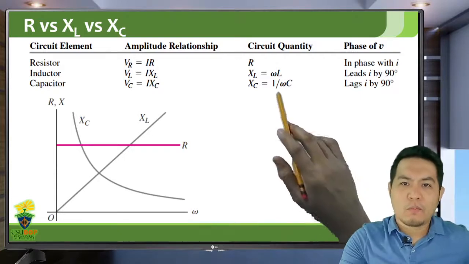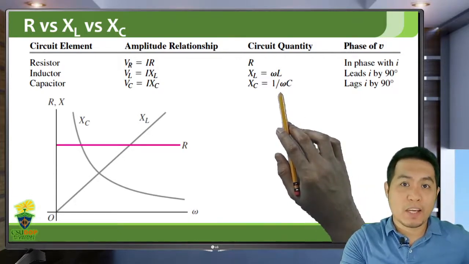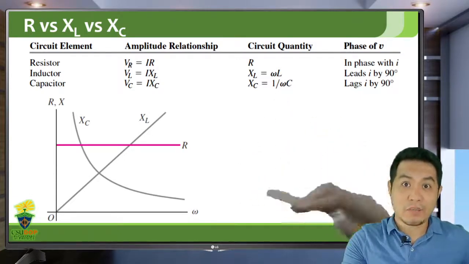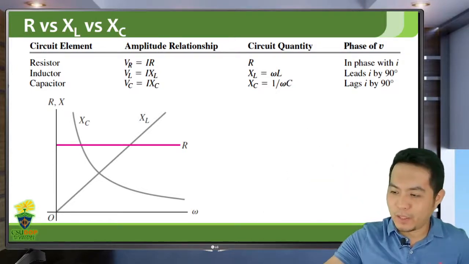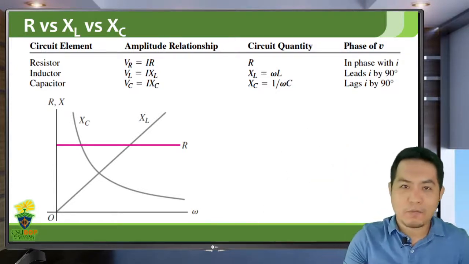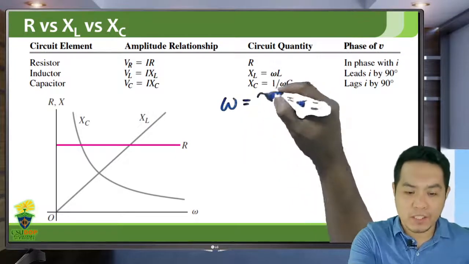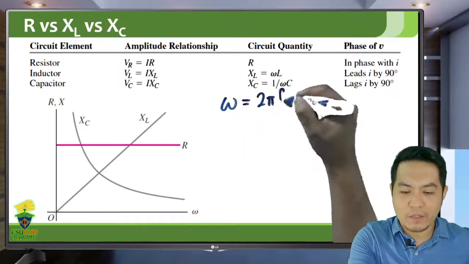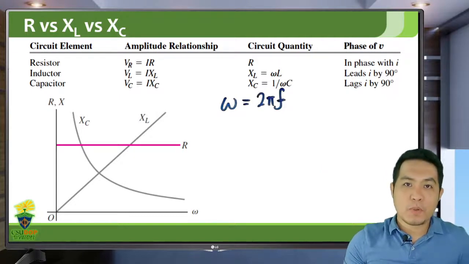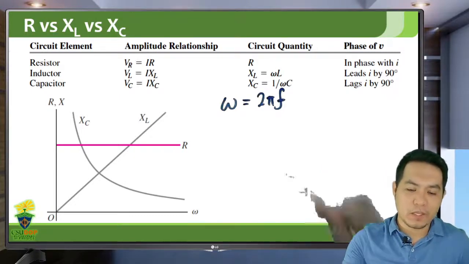So, by the way, what is this omega? So the omega is the angular frequency. If you will recall, the angular frequency, omega, is actually related to the frequency, which is 2 pi times the frequency. So in most cases, we will only be dealing with the frequency.